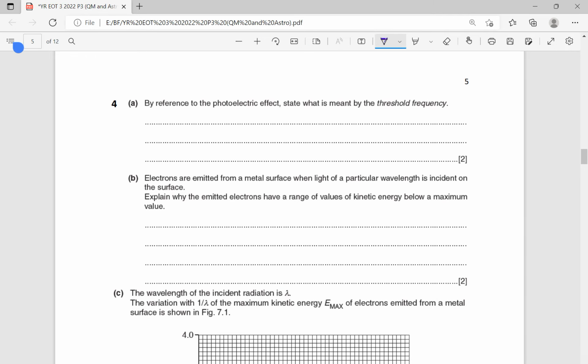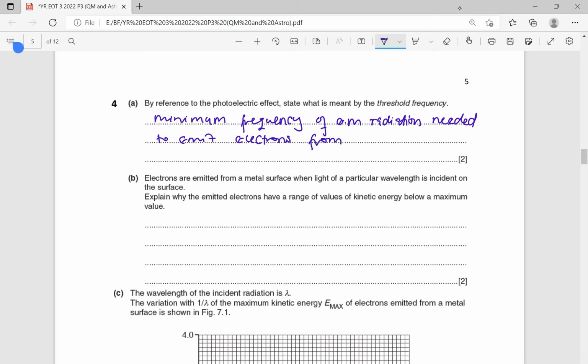By reference to the photoelectric effect, state what is meant by threshold frequency. We said threshold frequency is the minimum frequency of electromagnetic radiation needed to emit electrons from a metal surface.